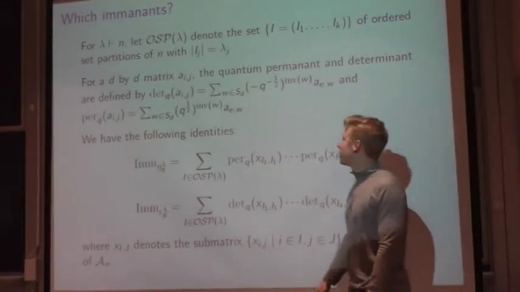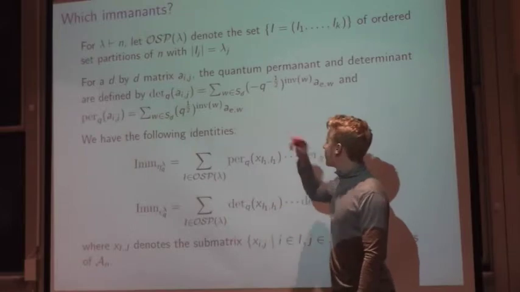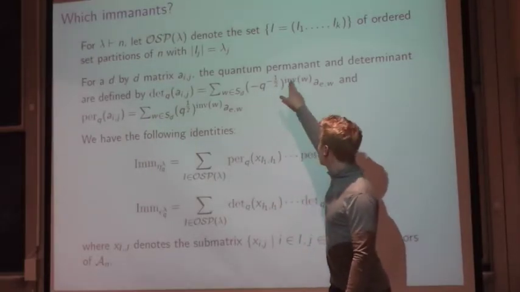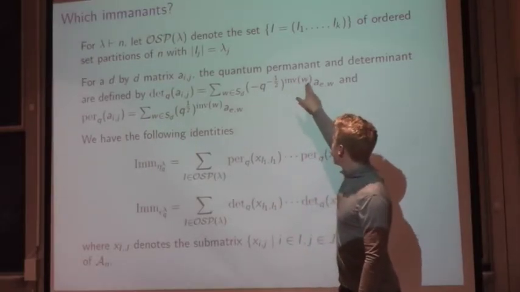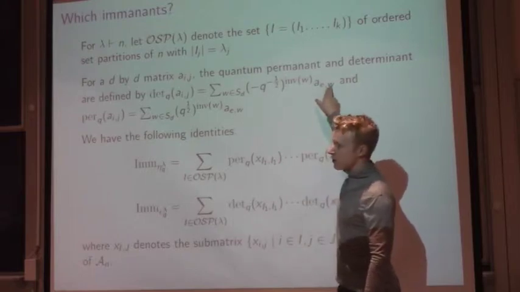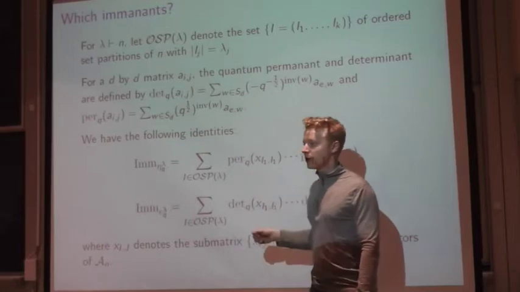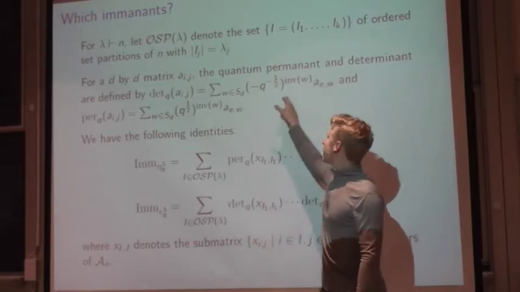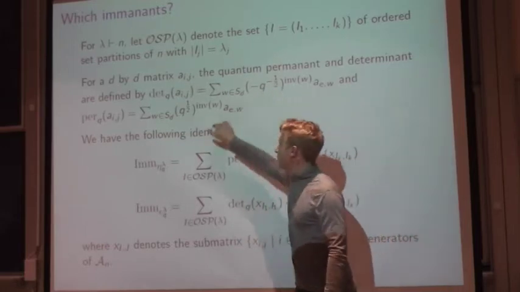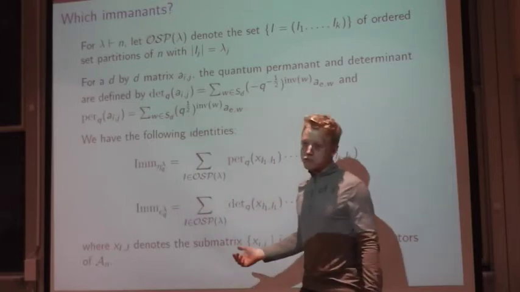Normally the determinant would just be -1 to this power times the corresponding matrix entries, and the permanent would usually just be the sum of the matrix entries. Here we just added a power of q to the -1/2, and again a power of q to the 1/2.